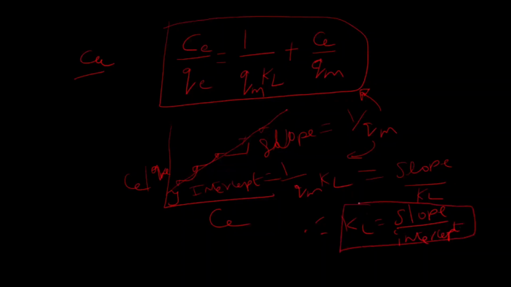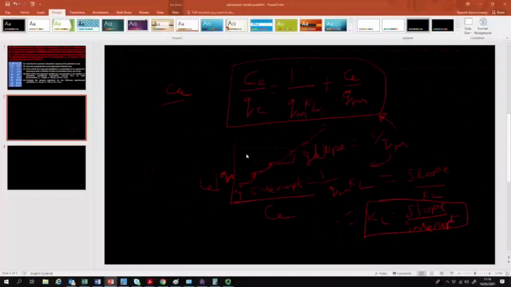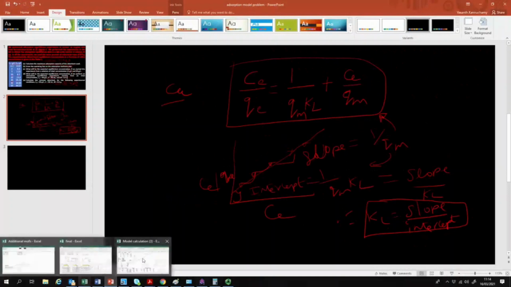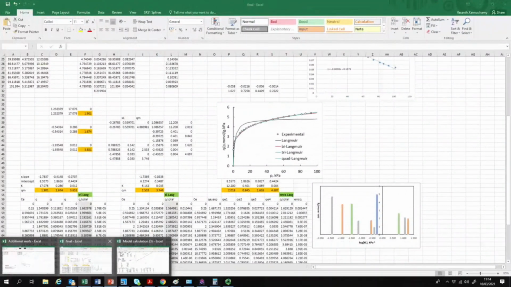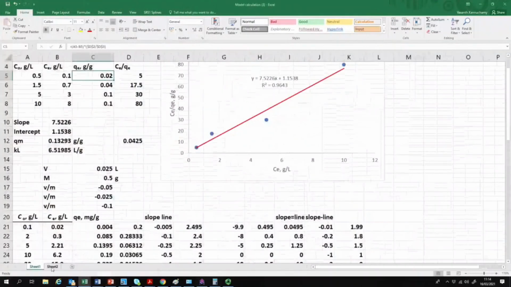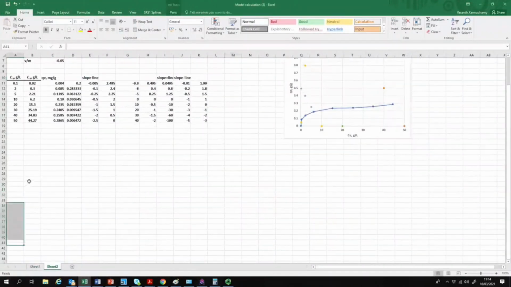So I'm going to show directly on the Excel sheet how to solve this problem one by one. So let's do it. I'm going to open the Excel sheet. We already have the values here.